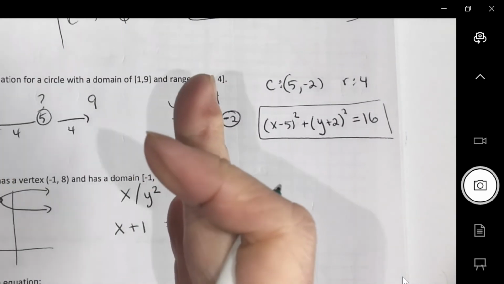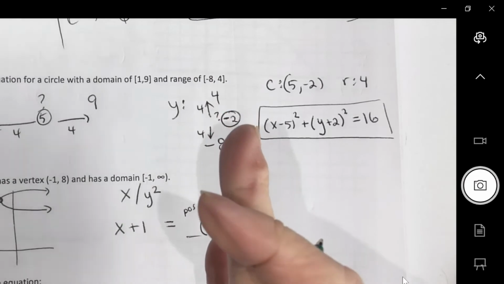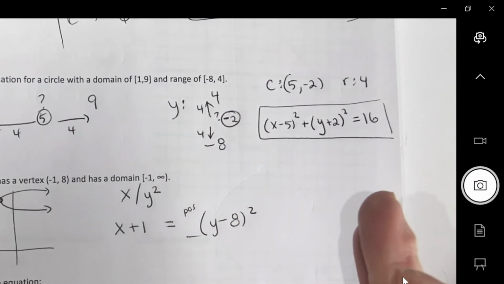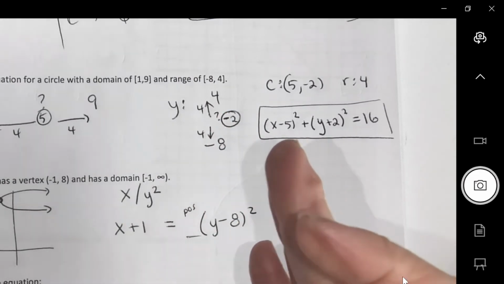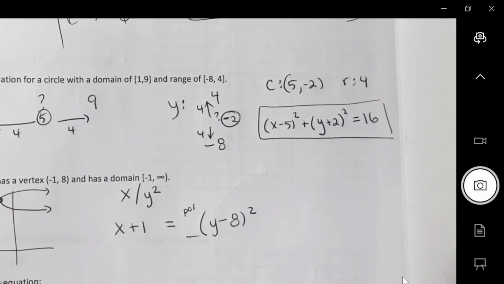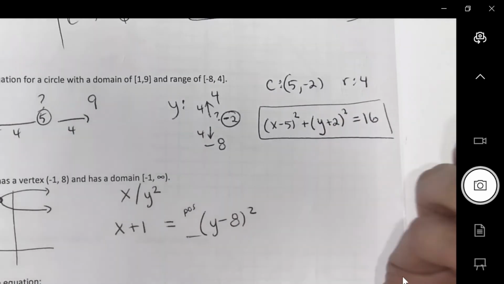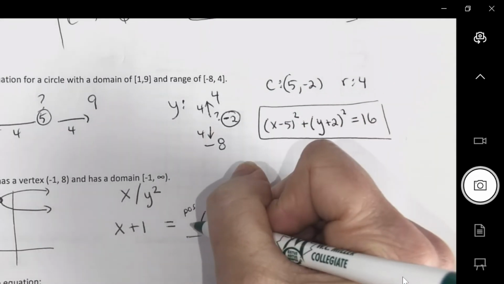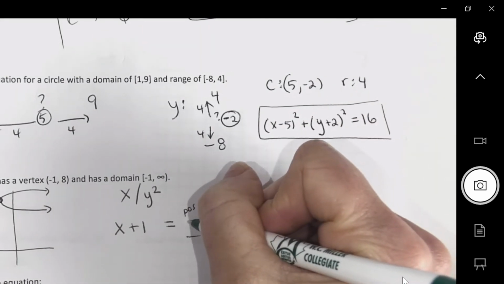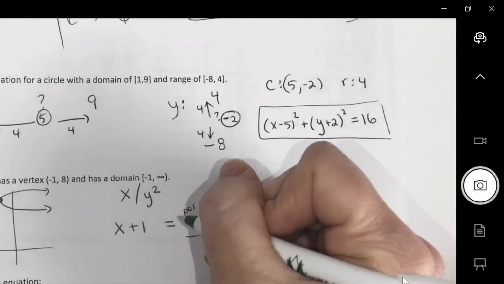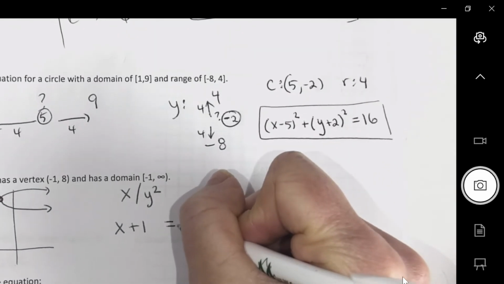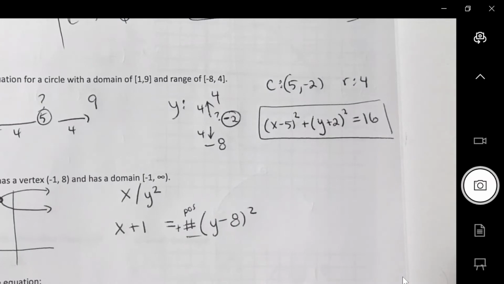You can just leave it. You can put anything there that's positive. But if it was going left, you just need to make sure you put something negative in there. I don't care what, you can put a 3, a 4, a 1, anything. Any positive number as long as you understand it's going right.